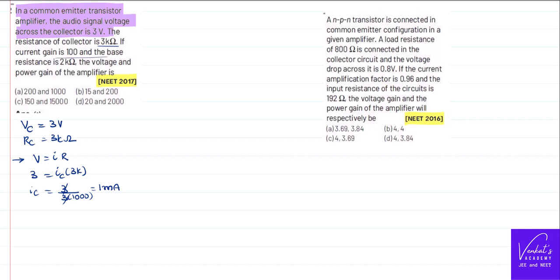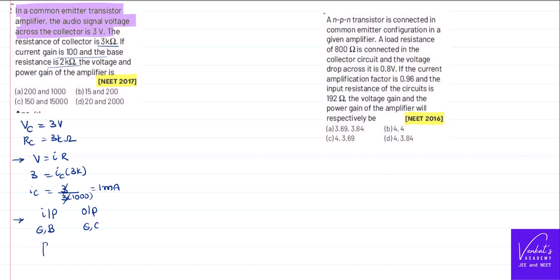If the current gain is 100, what do you mean by a current gain? It is a common emitter transistor for input as well as output. Emitter is common, the other end of the input is base, the other end of the output is collector.